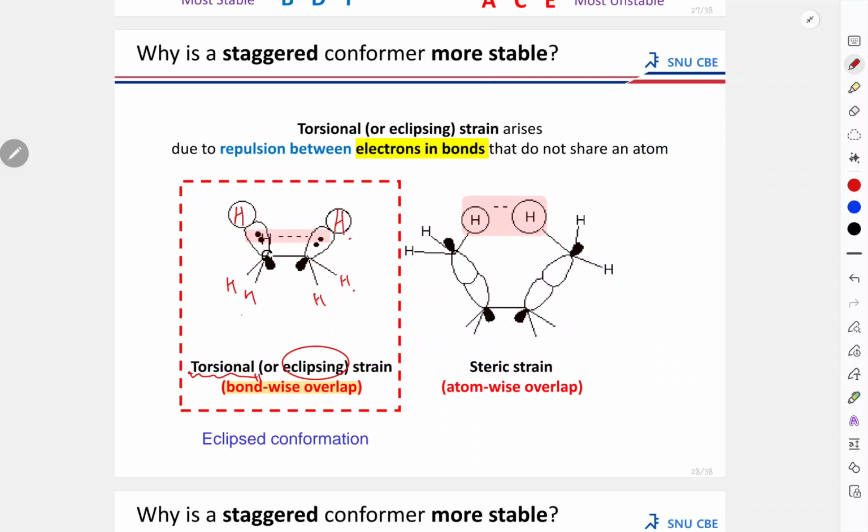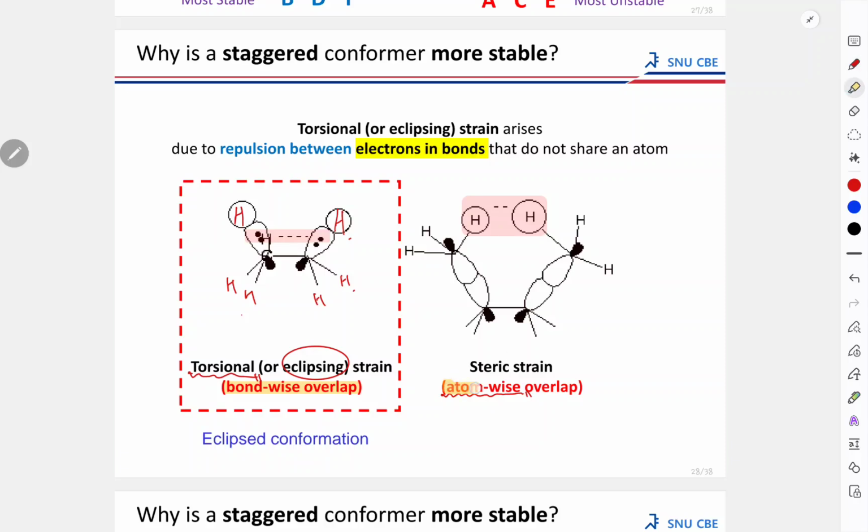Okay, so this is basically a C-C bond here and there, and you have hydrogen here and there as well. If they are too close to each other, they can repel each other. This is atom-wise overlap, and we define this strain as steric strain.